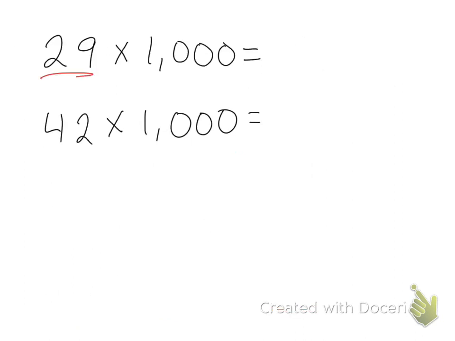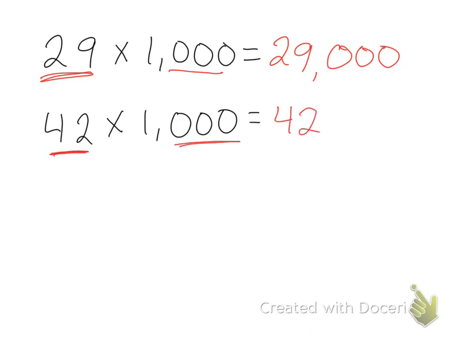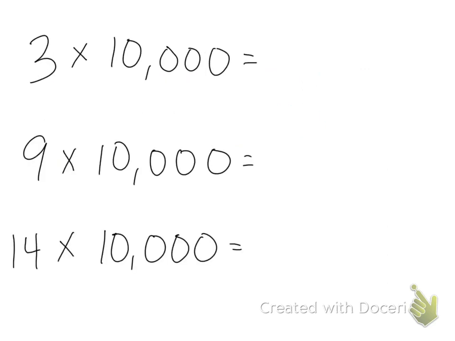It's going to be 29 with 3 zeros after it, so my answer is 29,000. For 42 times 1,000, my answer is going to be 42 with 3 zeros after it, so 42,000.